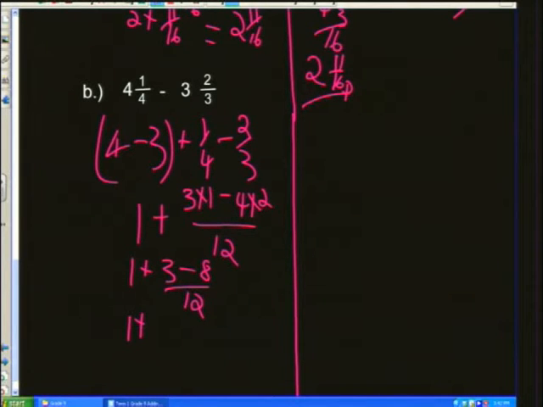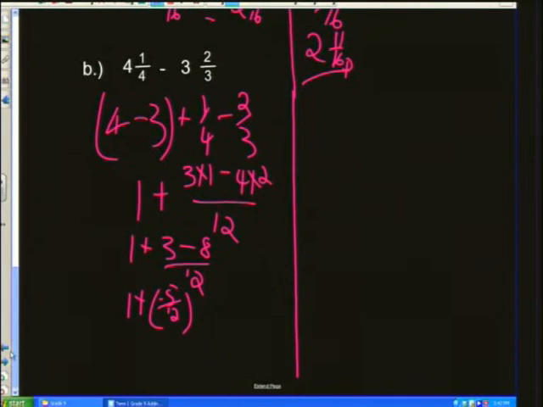Remember, negative integers. The answer will be, let me put brackets so that I should not confuse my signs, negative 5 over 12. All right, 1 plus negative 5 over 12.